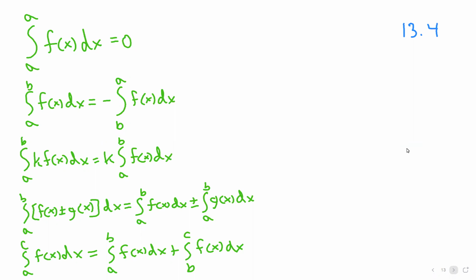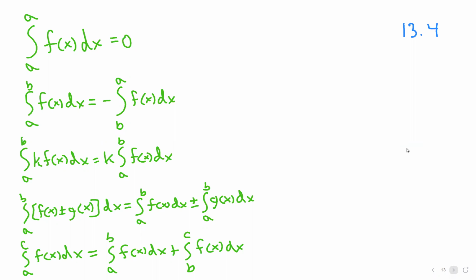If we're looking at two functions being added or subtracted from each other and then integrated, we can actually do the integration of each of them separately. That's the next relation that we have there. So that a to b of f of x plus or minus g of x dx is equal to a to b of f of x dx plus or minus a to b of g of x dx.